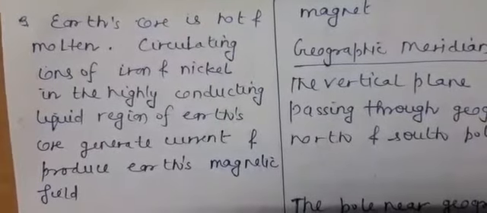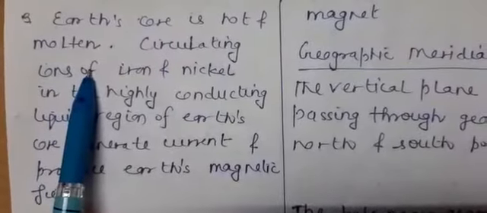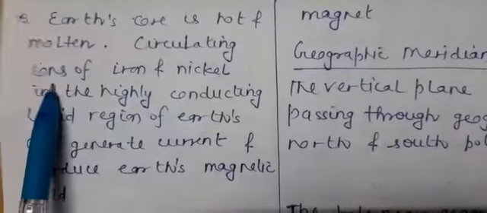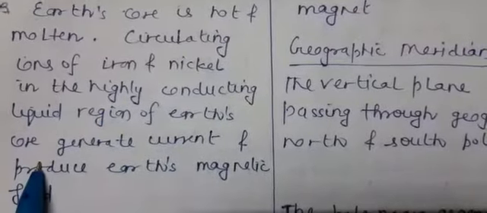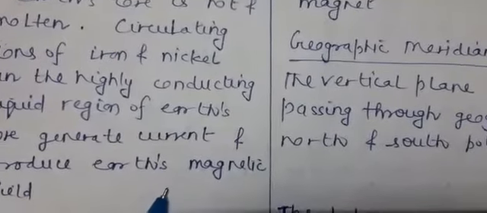One more point was discussed, that Earth's core is hot and molten. So when Earth rotates, the circulating ions of iron and nickel in the highly conducting liquid region of Earth's core generate current and hence produce Earth's magnetic field.